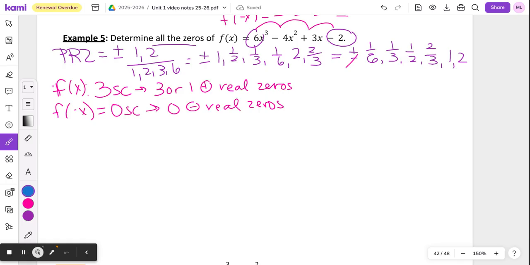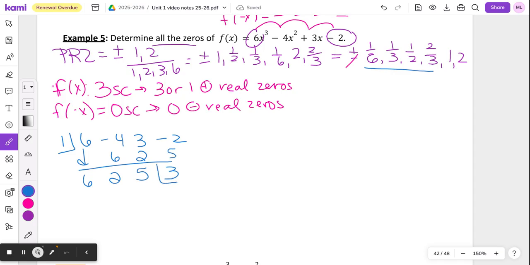So now we randomly pick. Now, because I don't really want to start with one of those fractions, I'm going to pick 1. So write it all out. No placeholders. Bring down the 6. Multiply and add. Okay, so x does not equal 1 because I didn't get 0 here. So 1 is off our list.